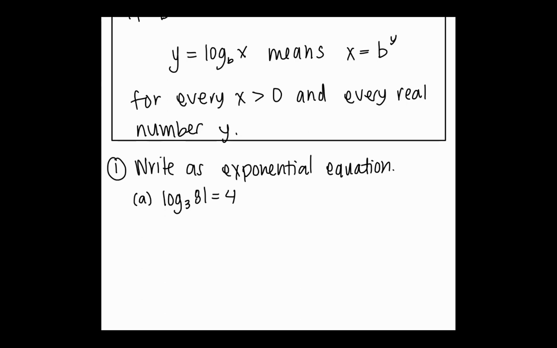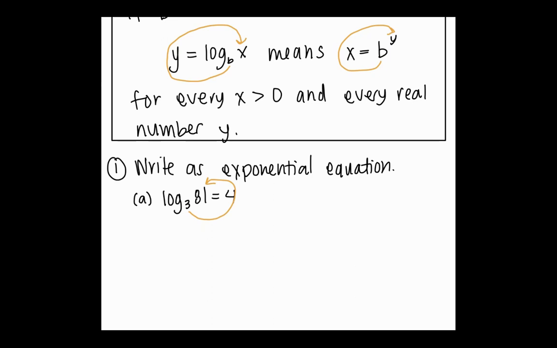The way that I think through these: if we're saying y equals log base b of x, you start with your base, and let's work the long way around to the x. That gives me b to the y equals x. So if I have log base 3 of 81 equals 4, I'm going to start at the 3, long way around to the 81.